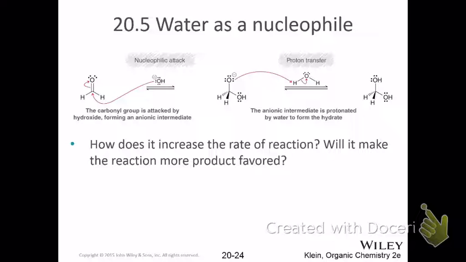Does it affect whether or not you have more product or reactant? No, because it's a catalyst, right? Everybody wants to say that, but we often equate faster with more product favored, and it's not true. It's just faster.